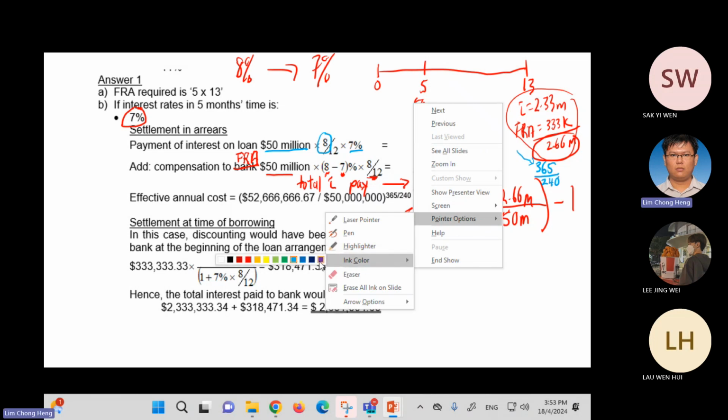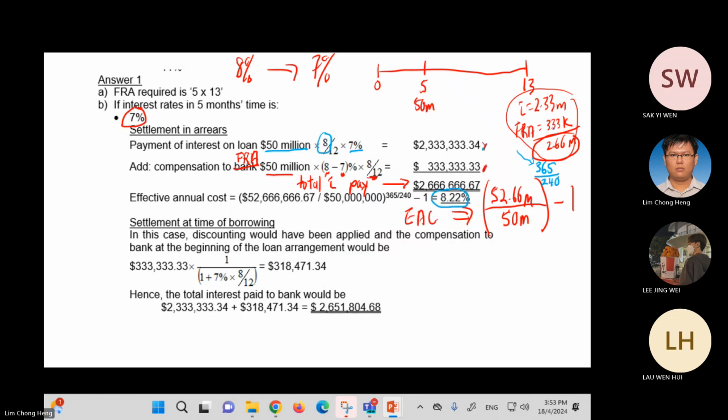Okay, another situation is when you sign the FRA agreement, you tell the bank you want to settle everything at the initial point. When you take the loan, everything will settle first.